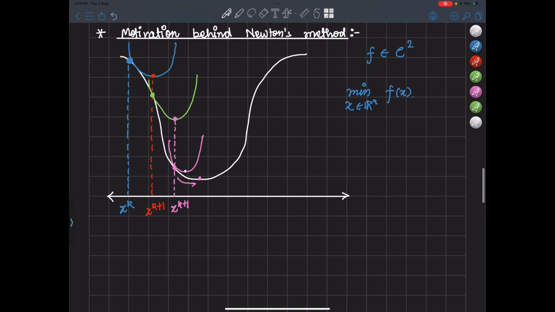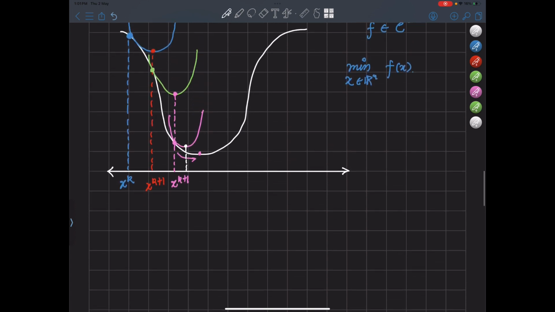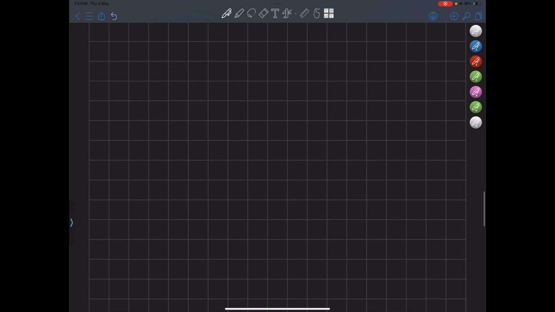So this is the motivation behind Newton's method. We can also look at it in contour maps. This was just a single variable graph, so let's look at some contour map which will help us see the motivation of classical Newton's method.